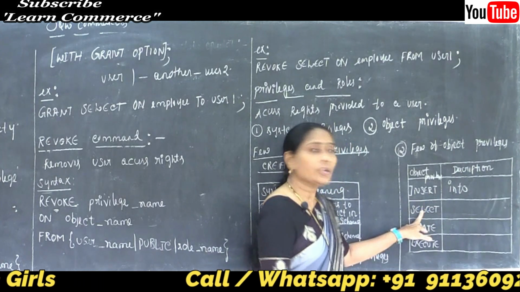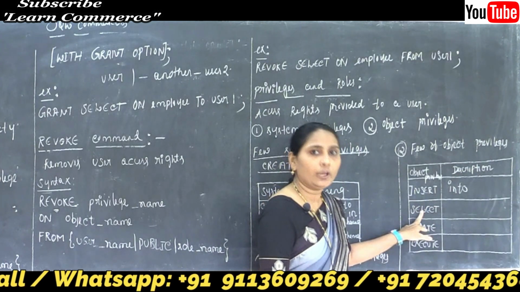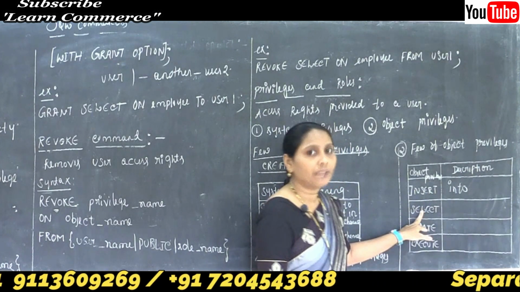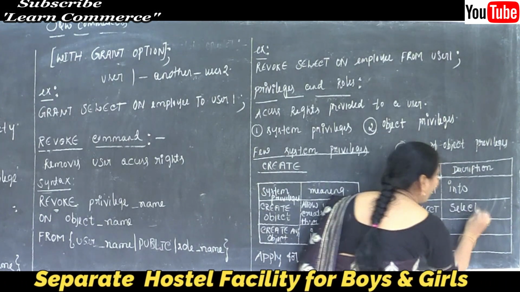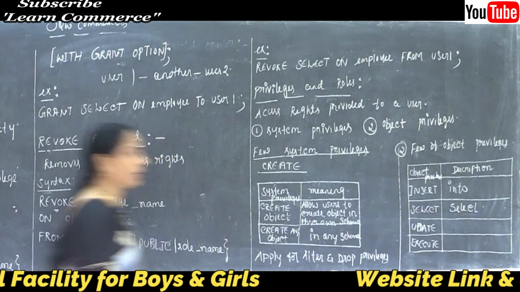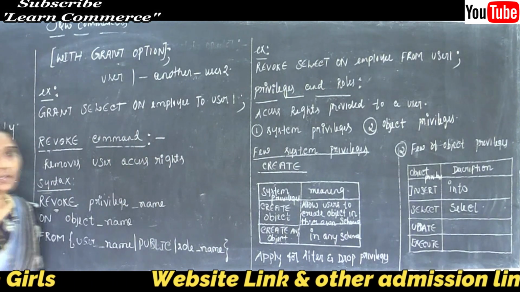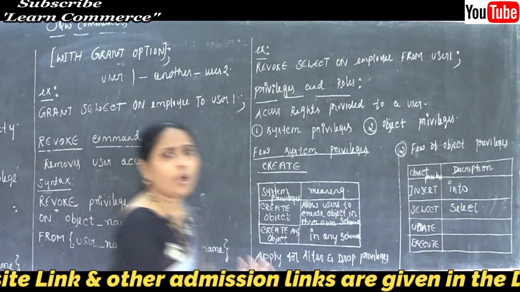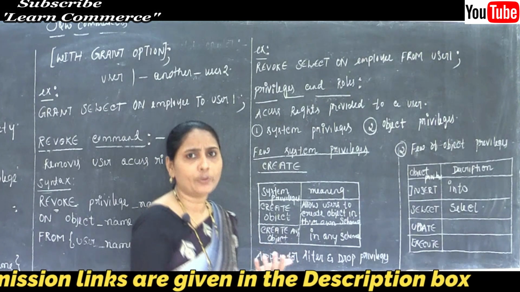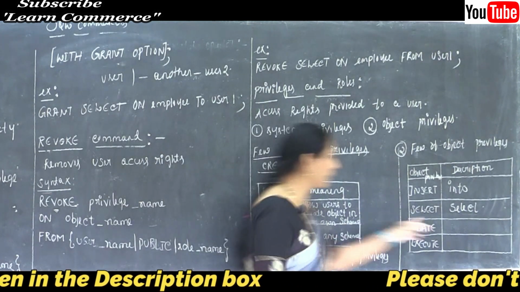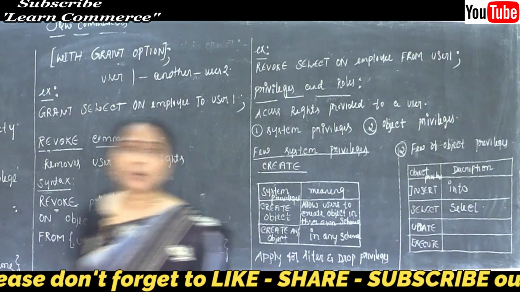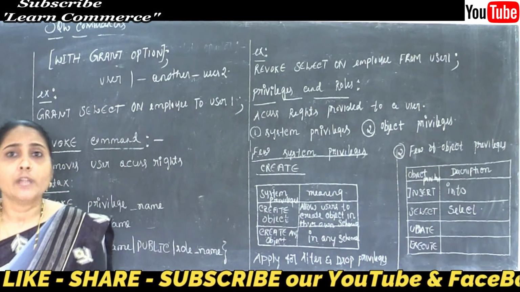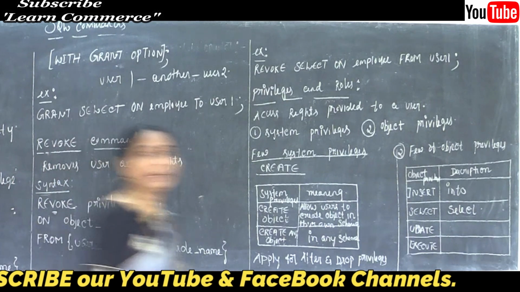Select. So what's the meaning of this select? It allows the user to select data from the table. So I want to select some of the data from a table by using a command like our select command. Maybe all the data or maybe a few data is selected by using the select command. Next one is update. So it allows the user to make an update in data.